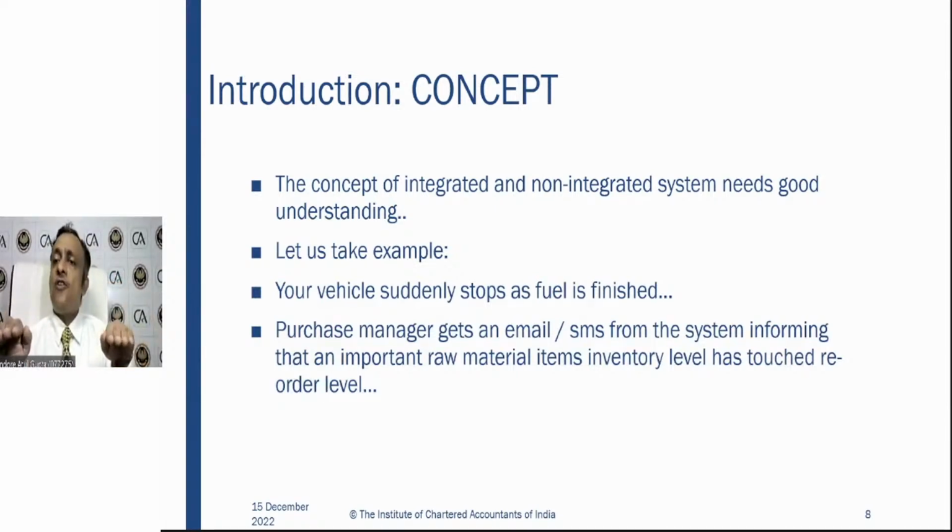You are the purchase manager of a company, and you have your system on your mobile. As soon as an item's reorder level is hit, and I think we all understand reorder level, immediately an email, a pop-up, a notification or a message is sent to the purchase manager's system. To me it's a desktop, or the way things are evolving now, the mobile of the purchase manager.